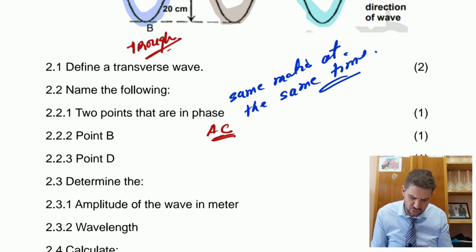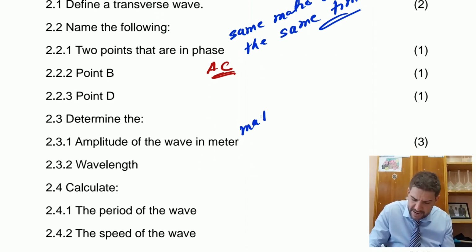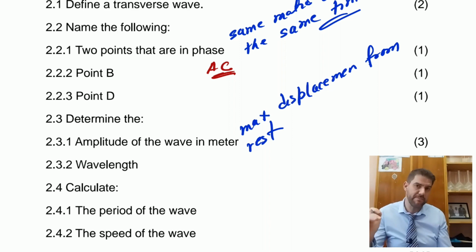Determine the amplitude of the wave. Now, amplitude is the maximum displacement. Let's write a note here. It is the maximum displacement a particle reaches from rest, guys.